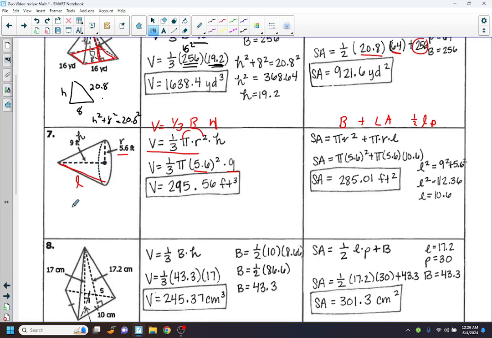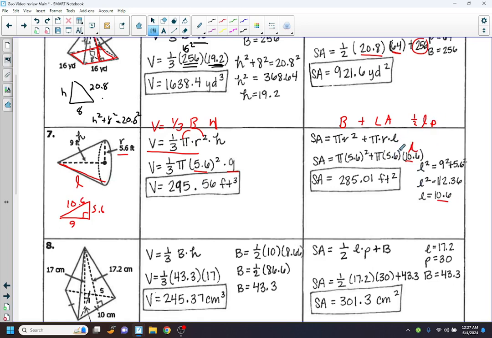So you have to make a right triangle again. Let me make it in the same shape. So if this is 9 and this is 5.6, we do a little algebra to figure out this thing, which we figured out over here is 10.6. So the slant height L is 10.6 here.